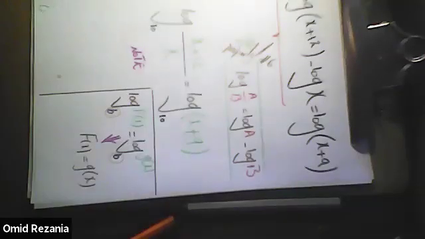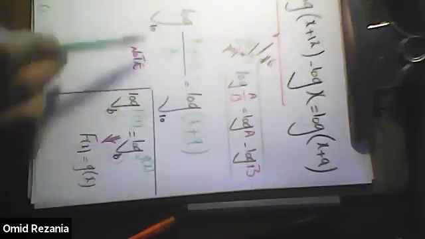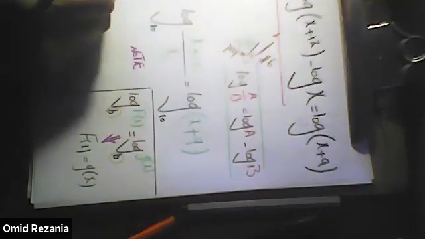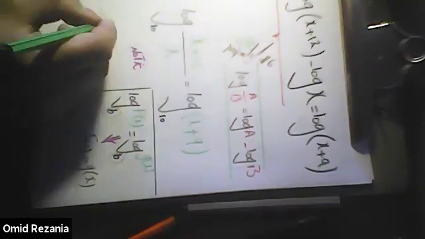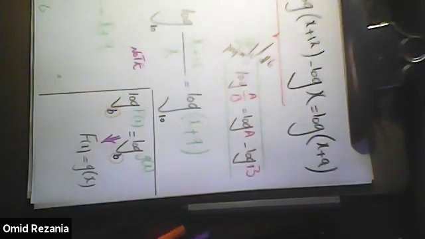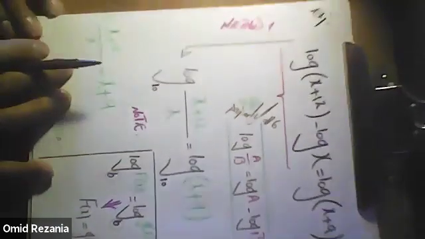Yes? Then as a result, I have the same problem here. I have two logs on both sides of the equality, with the same bases, so easily I can say x plus 12 divided by x should equal x plus 9. Correct? Then what's going to happen next?